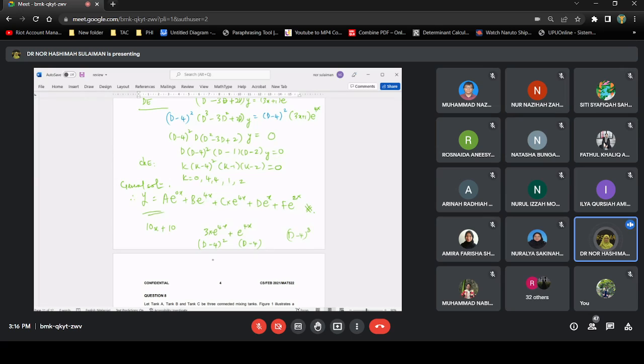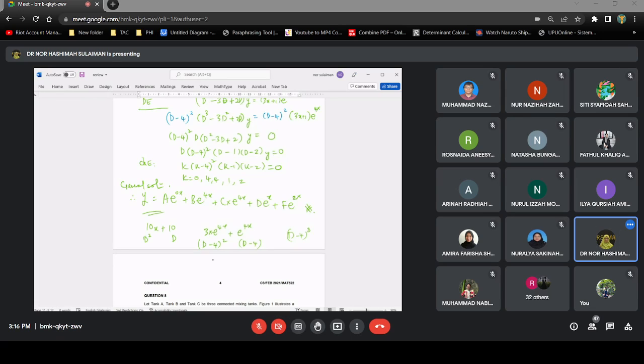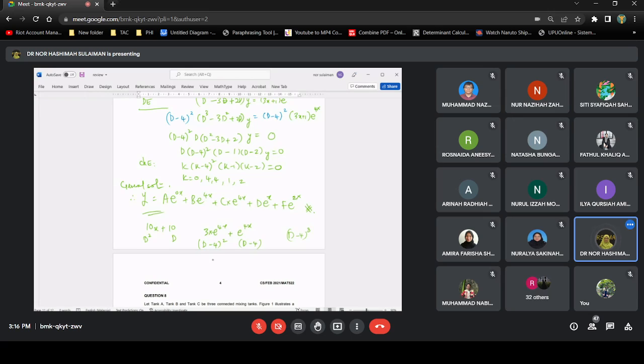So yang ini adalah apa? D kuasa 2 kan? Yang ini D kan? Kalau you darab, you akan dapat apa? D kuasa 3, betul kan?